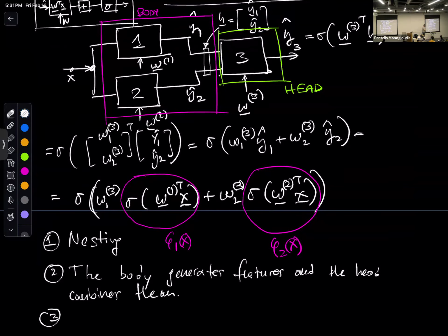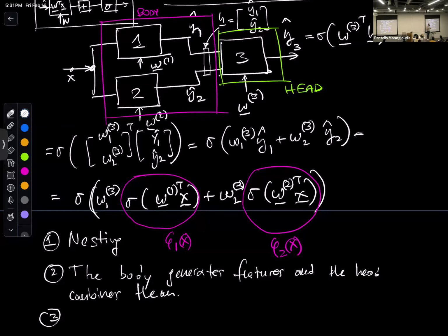Now, the third point is that there is joint optimization of all of these W's. These W's are not independently changing.